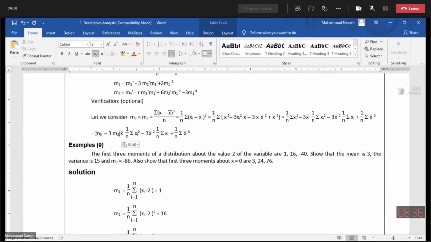Express it as M1 bar. And this expression, 1 over n sigma xi square, is exactly the second moment about origin. M1 prime, this one, M2 prime, this one, M3 prime.